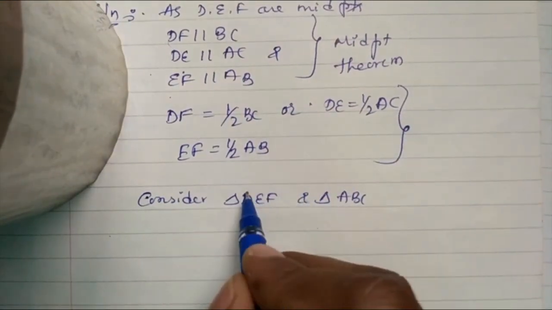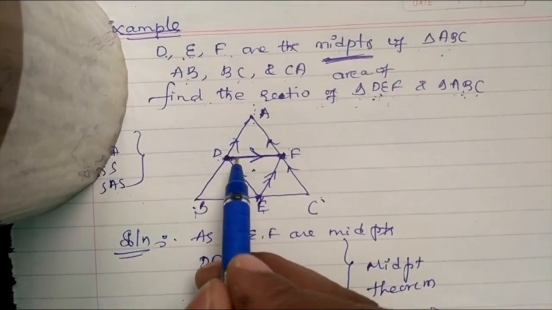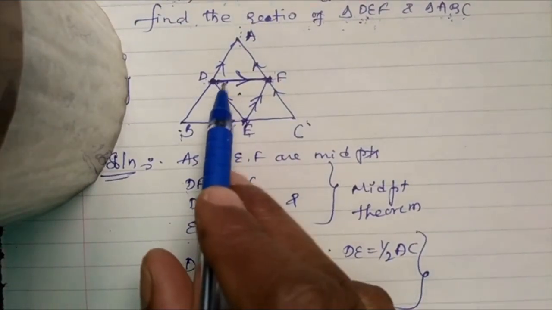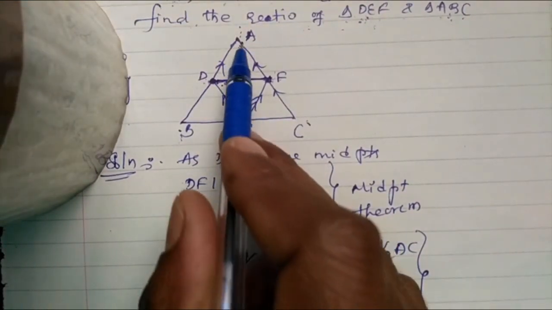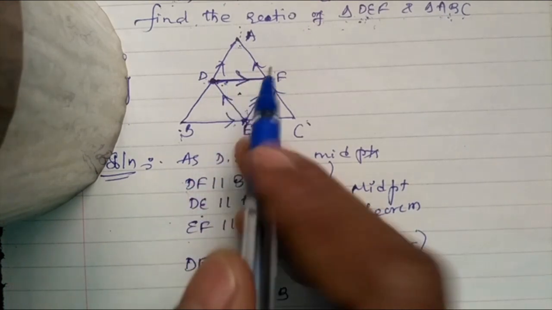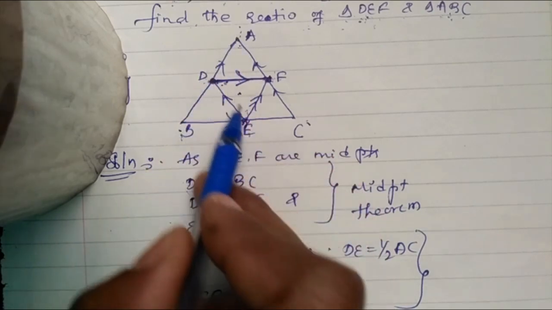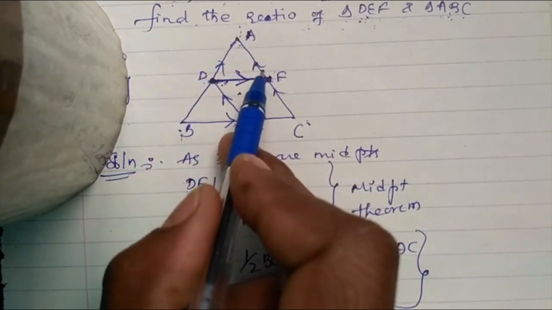Now, why is this D equal to A? Let us think. Here D is not equal to A. E is equal to A. Why? Because this looks like a parallelogram, right?